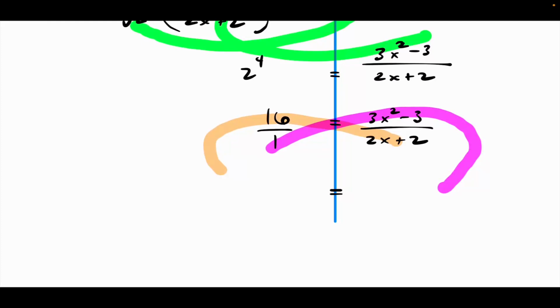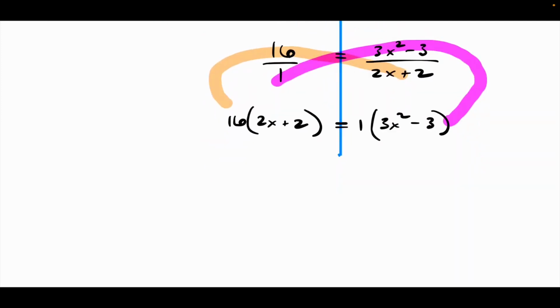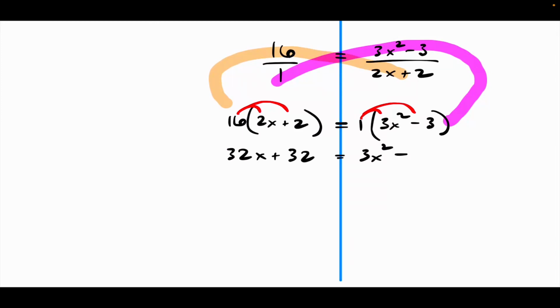So the pink is going to be 1 times 3x squared minus 3. The orange is going to be 16 times 2x plus 2. Distribute. 32x plus 32 equals 3x squared minus 3.